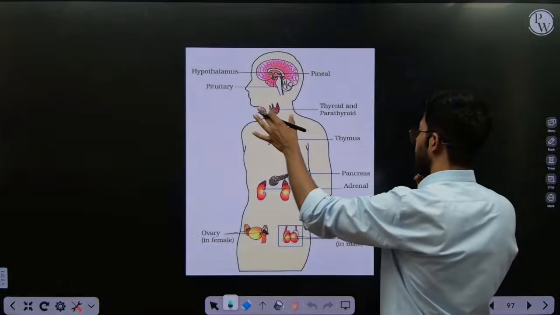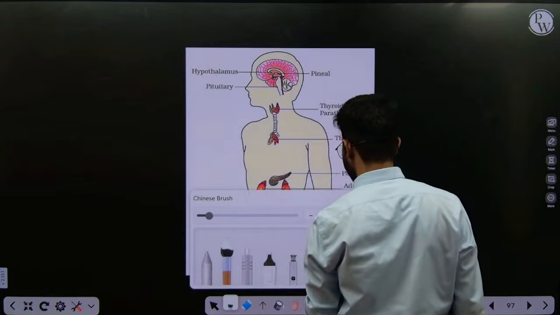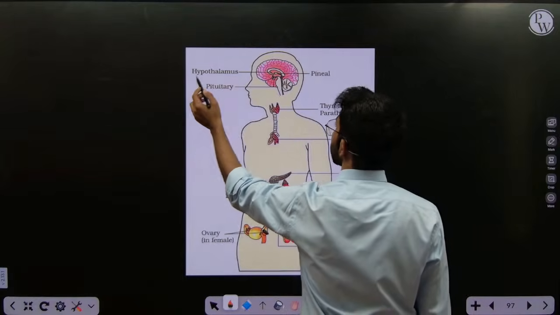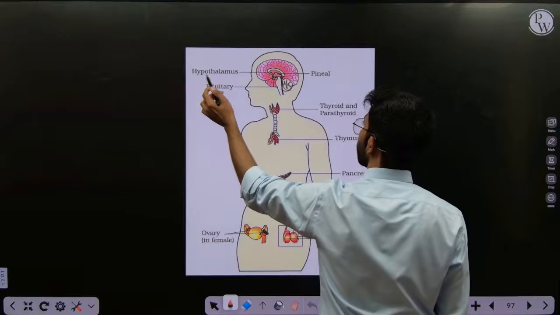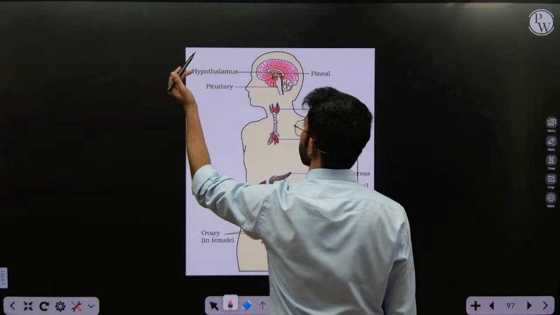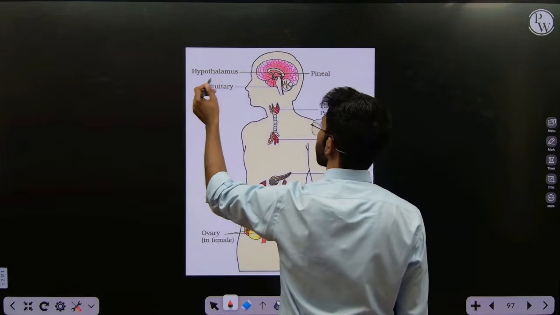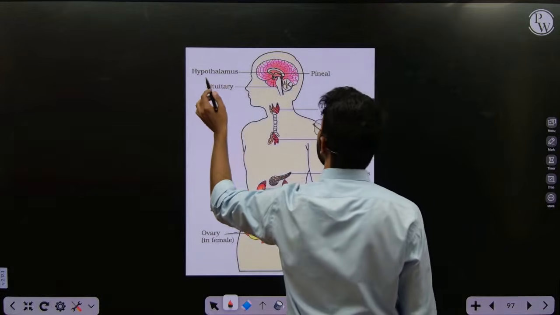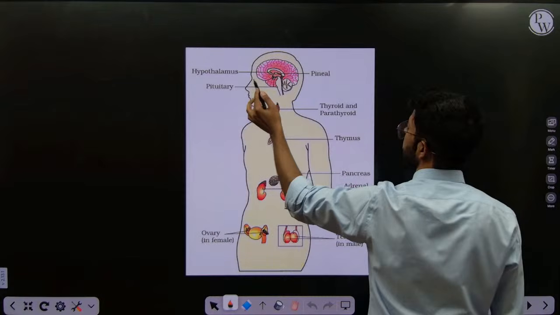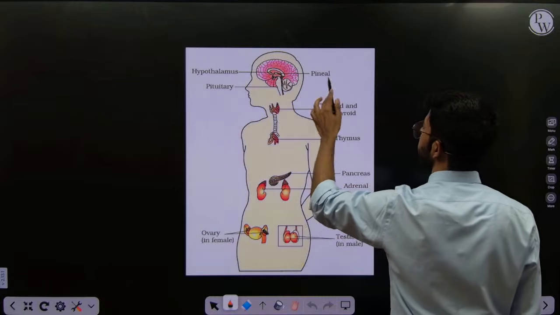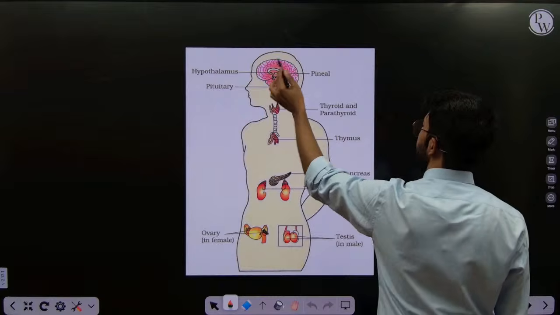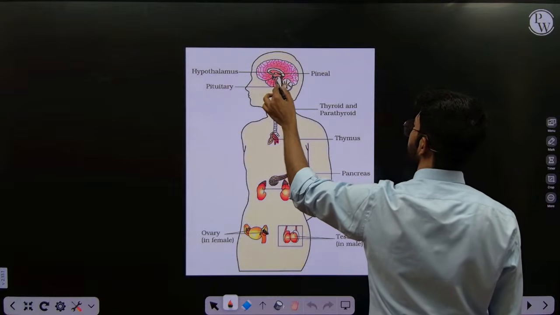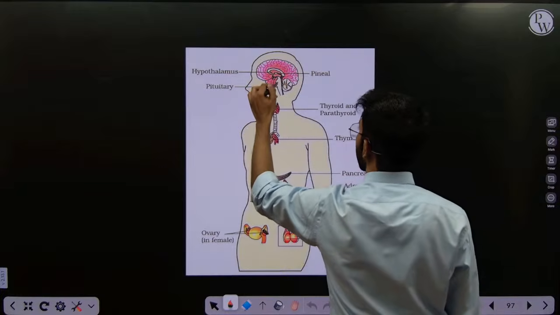So this is the diagram from your NCERT. This is the hypothalamus, which is also a part of the forebrain. In the diencephalon part, we have the thalamus, epithalamus, and hypothalamus. Hypothalamus is the floor of the diencephalon. Now this pineal body is also present inside our brain, and the pituitary also inside our brain. This is the pituitary, which is connected to the hypothalamus through a stalk-like structure.